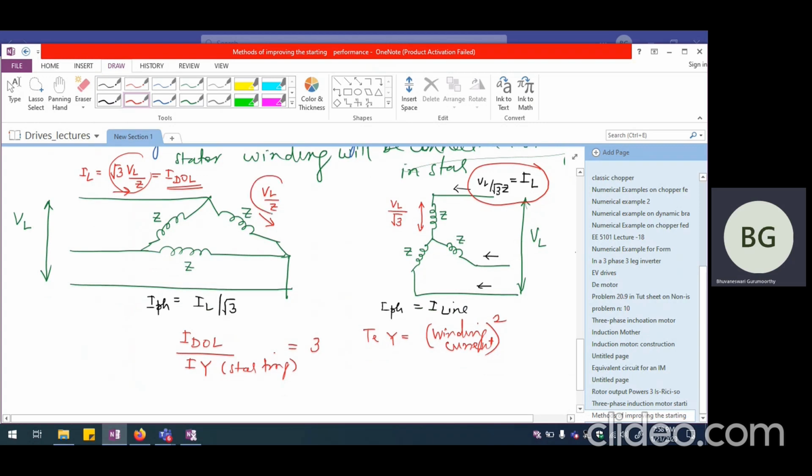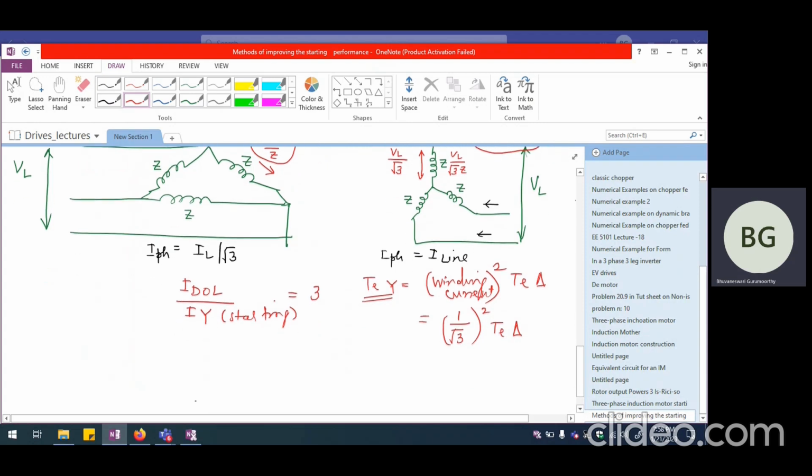So if you look at the winding current here, it is VL divided by Z, whereas here it is going to be VL divided by √3 Z. So I'm going to have this to be 1 by root 3 times whole square as compared to T delta. So if I compare the electromagnetic torque that is developed in delta condition vis-a-vis the electromagnetic torque that is generated during star condition, that is also having 1/3 as the ratio.